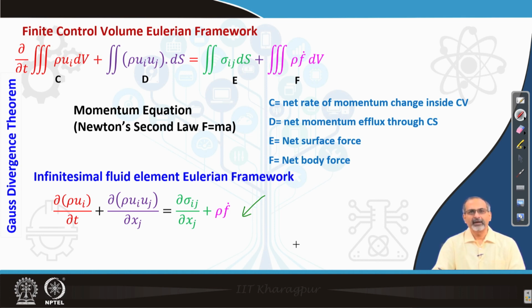So, again you will have momentum change inside the control volume, momentum efflux, surface force and body forces, but this time applying for an infinitesimal fluid element. So, basically it acts at a point.